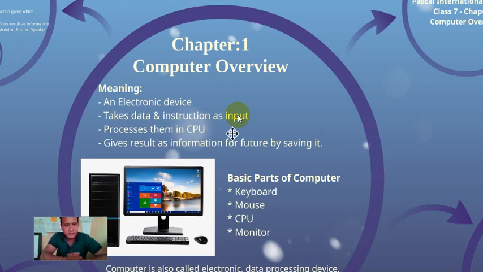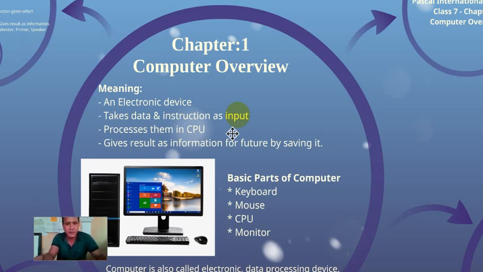After knowing that a computer is an electronic device, you should also know that it takes data and instruction as input. From where? From the keyboard and mouse.